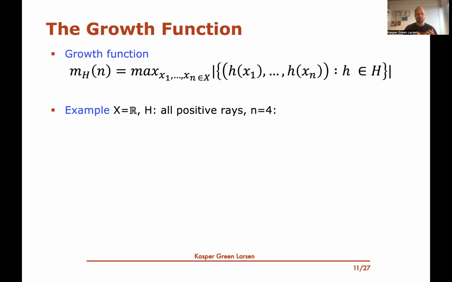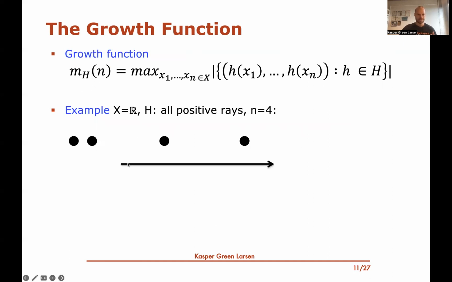Okay, so let's have an example. Let's say the input domain is real numbers, so it's a 1D data set, and the hypothesis set is the set of all positive rays. I'll show you in just a second what a positive ray is. And let's say we're trying to figure out what the growth function is for 4 points. So here's an input of 4 points. So there are 4 examples here.